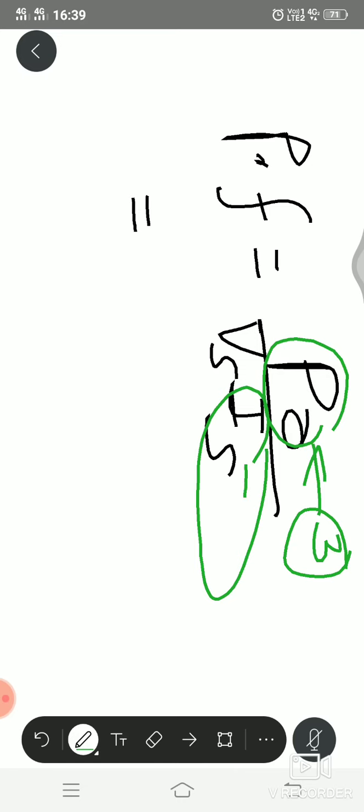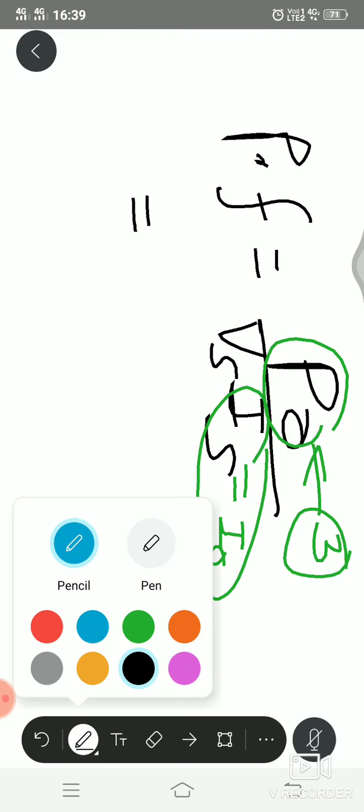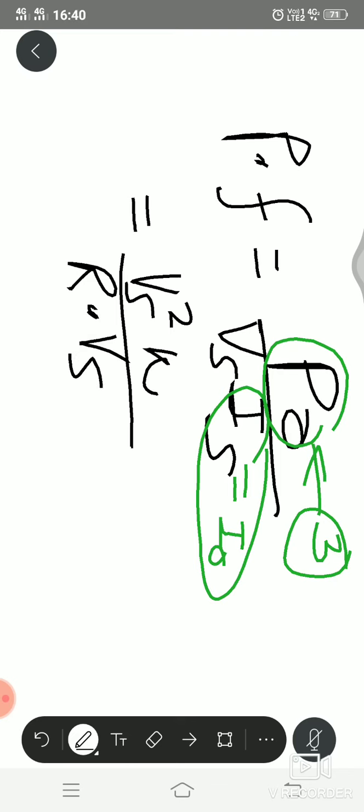So P naught is equal to Vs square k by R, equation number 3. Now the denominator is Vs into Is. Is is the same as I naught, series connection.